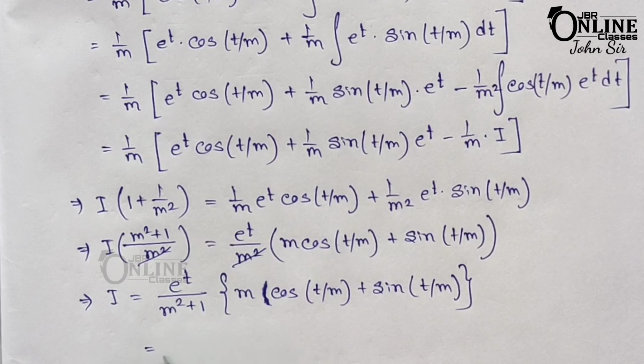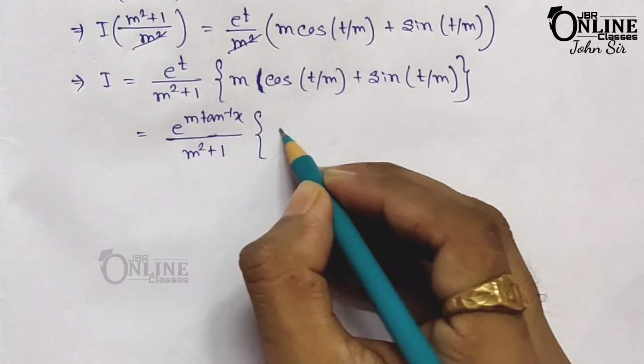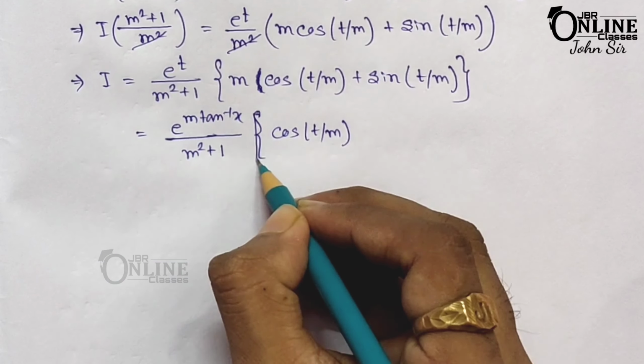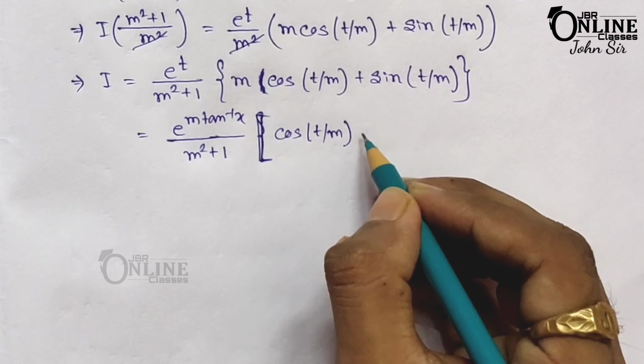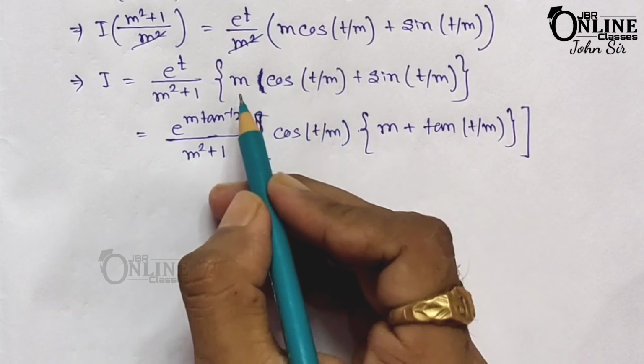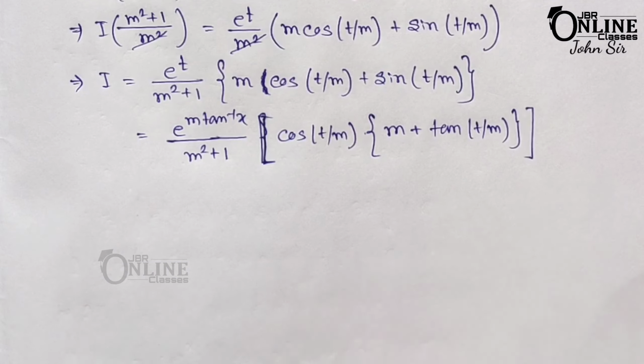Now here you can also do one thing, if you take common cos t by m, then it will be here m plus sin t by m by cos t by m, that equals tan t by m. That means from these two just take common cos t by m, so the first one will be m and the second one will be sin by cos, that equals tan t by m.